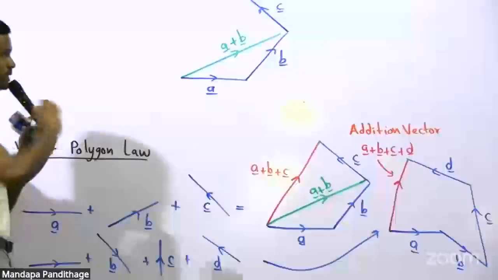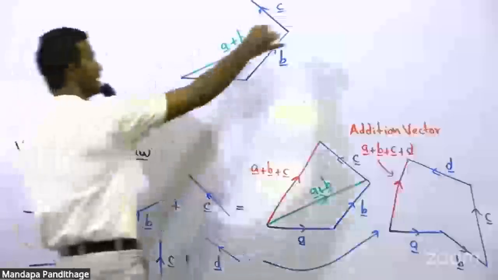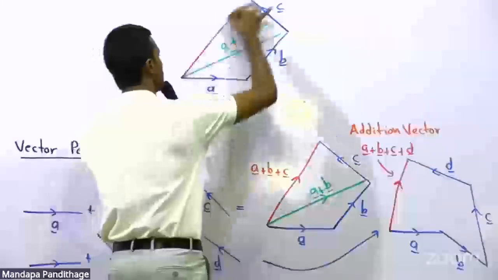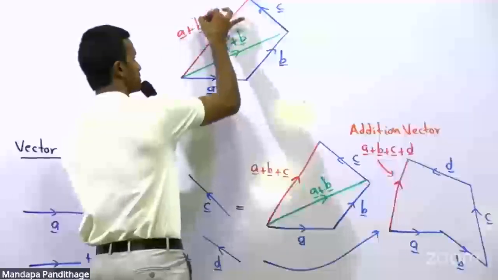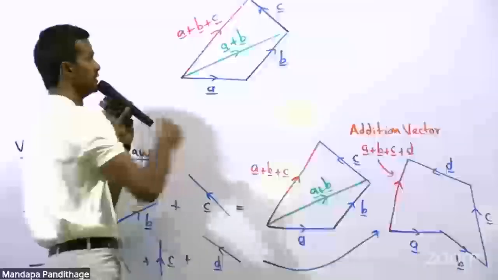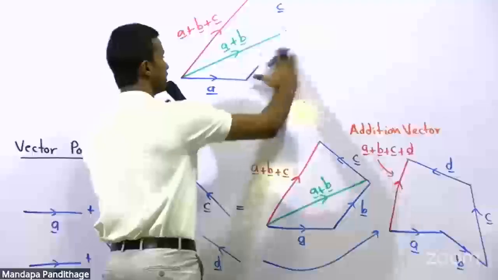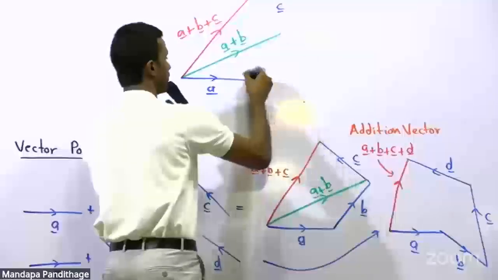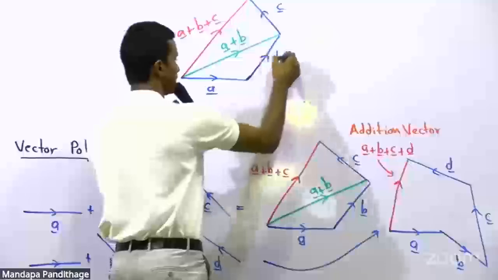And then when you repeat the vector triangle law, you get A plus B plus C. So we saw even in the vector parallelogram law, we have the vector triangle law. Similarly, even in the polygon law, we got the vector triangle law.